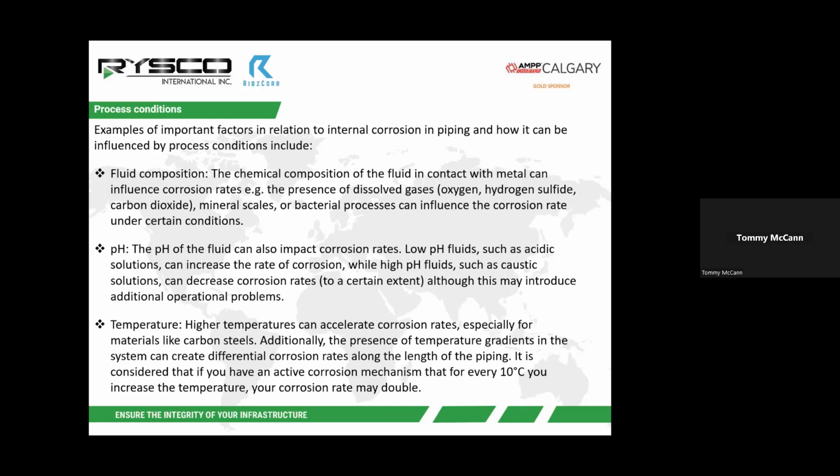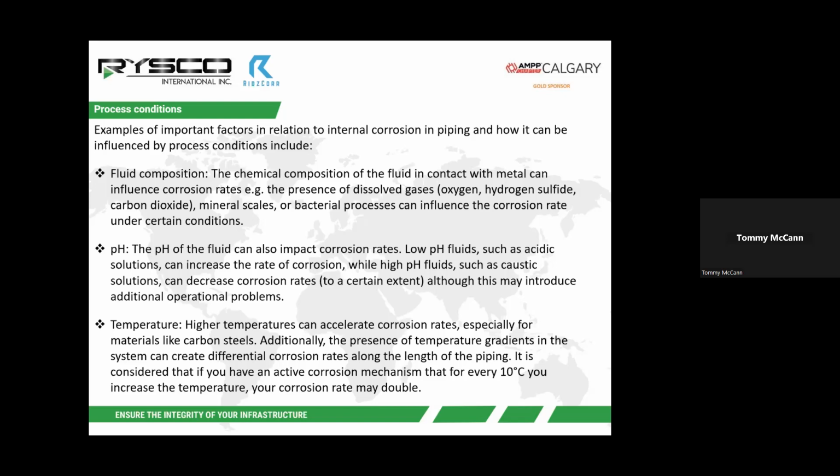The gradient of the temperature is also a factor, you can have different rates along the length of the pipe. And the most common fact that I'll share with a customer would be, if you already have an active corrosion mechanism, so you have internal corrosion existing in your system, and you, for whatever requirement, have increased your operational temperature.